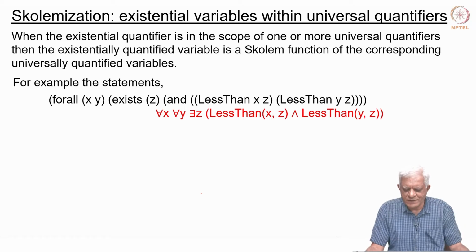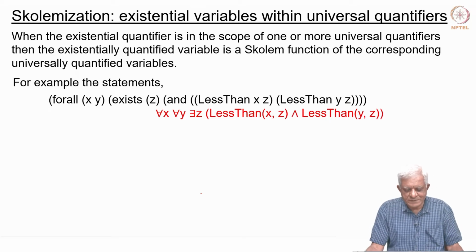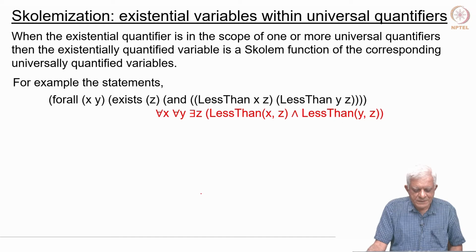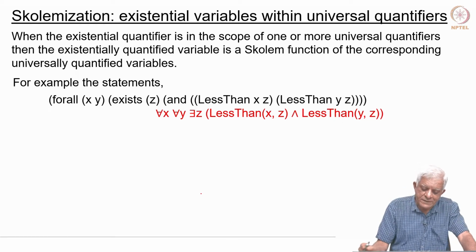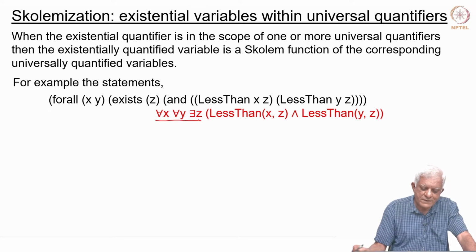So, we are obviously talking about numbers here. You give me any two numbers x and y and I will give you a number which is greater than both of them essentially. So, here the variable z is in the scope of the two variables x and y.